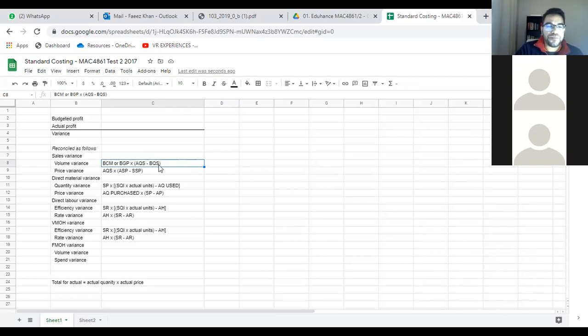So why do we use a gross profit or contribution margin, whereas over here we just used the price? Why don't we just use a standard price over there? Because when you lose a sale, you're not only losing the selling price, you're also saving on the cost. If you're using the variable costing system, you're losing out on the sale, but you're saving on the direct material, direct labor, and variable overheads.